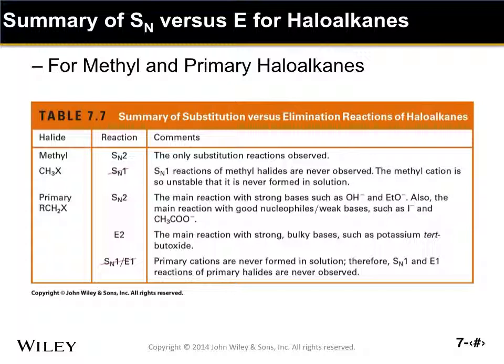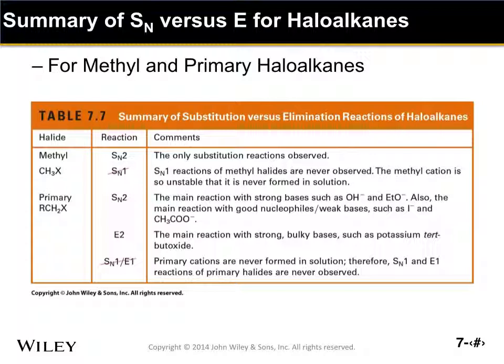If the base is a sterically hindered base, and that's what's meant by strong bulky bases, those are going to favor E2 because they're not going to do SN2 reactions. There's too much congestion in the transition state of a substitution reaction, so they do elimination reactions. There's not much congestion in an elimination reaction.